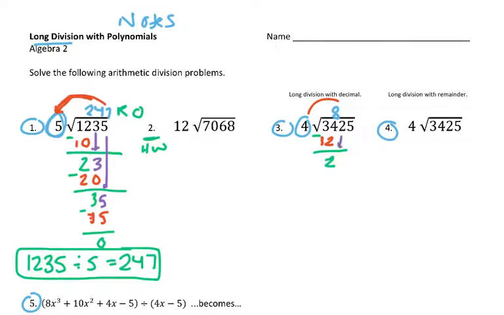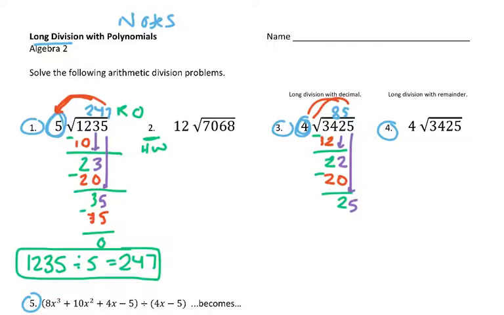Bring down our next value, so now we have 22. And we're trying to find out how many 4s go into 22. Well, there's 5. And then 5 times 4 makes 20. Subtract those out. And we get 2. Not quite done. We bring down our 5. Now we ask how many 4s go into 25.